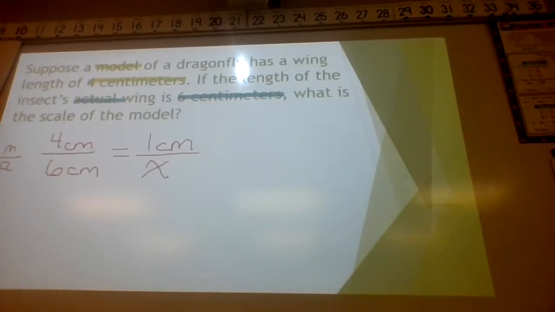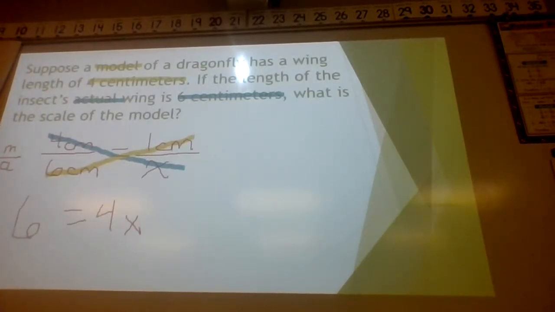Okay, does this look familiar? What did we do when we have problems like this? You cross multiply. So what is 6 times 1? What is 4 times x? Where's your variable?